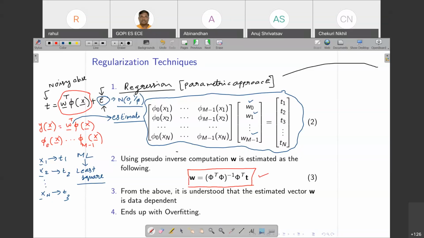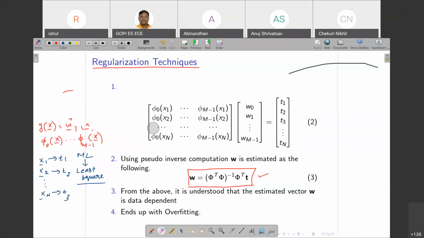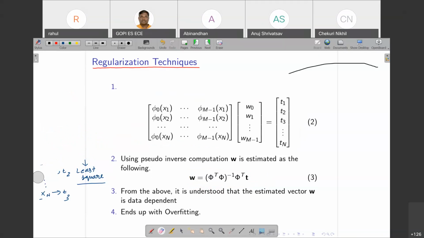This is fine. But where is the catch now? Where is the regularization technique, and where does its importance come in? That is what we are going to discuss. Whatever W you estimate is going to be data dependent. If I use one particular data set, you get one W vector, which works out very well for that particular training data.